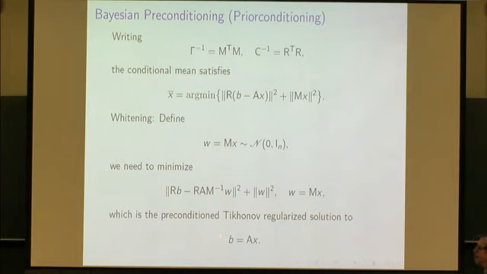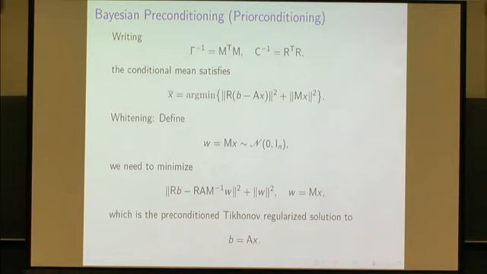We have M, which comes from the prior, R, which comes from the likelihood, and a penalty term with the Tikhonov parameter equal to 1. So what you're looking at here is simply a Tikhonov regularized solution to AX equals B using those prior conditioners.